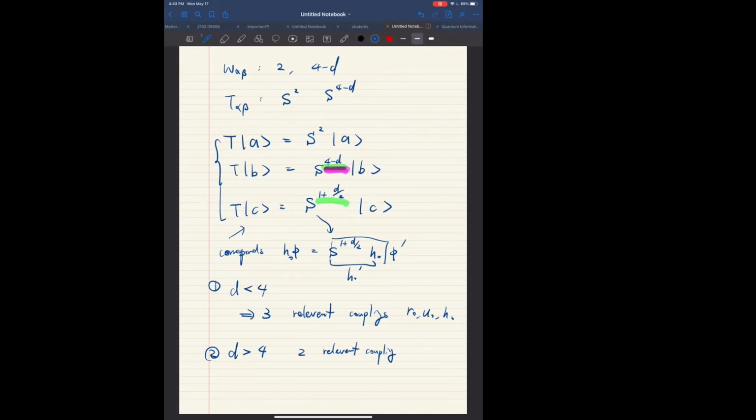So in terms of the flow, we need to consider a flow in a 3-dimensional parameter space. So there's a linear combination of the couplings that is irrelevant, which will flow into the fixed point.